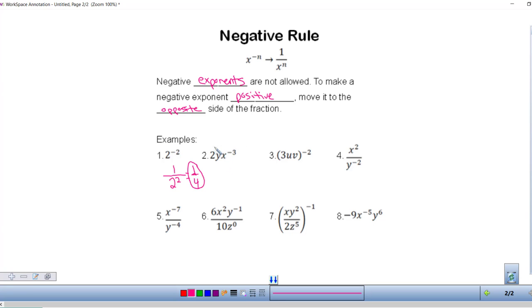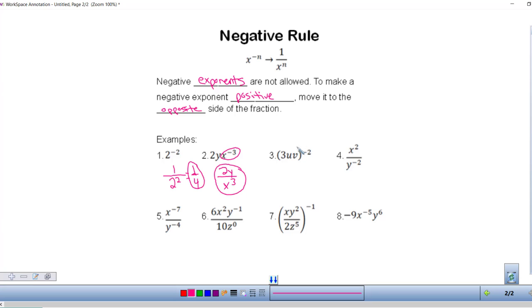This one, notice there's not parentheses, so x is the only thing that has a negative, not 2yx, just the x. So 2y is going to stay just like it is, but x to the negative 3 needs to go to the bottom of a fraction to turn into a positive 3.